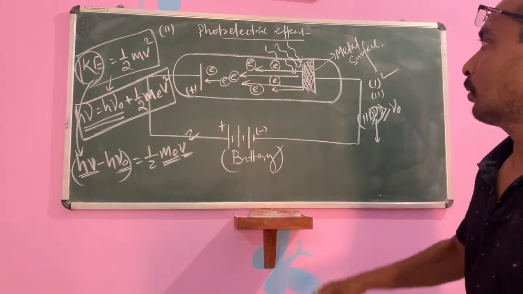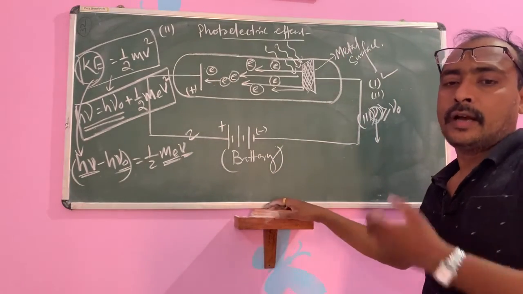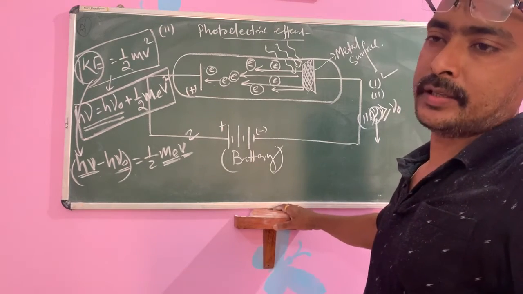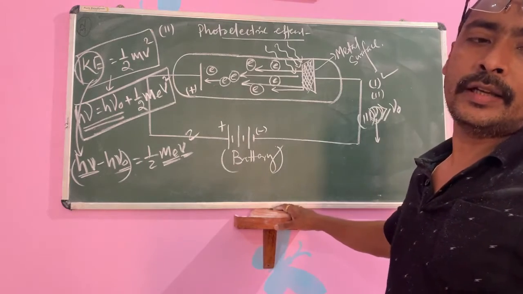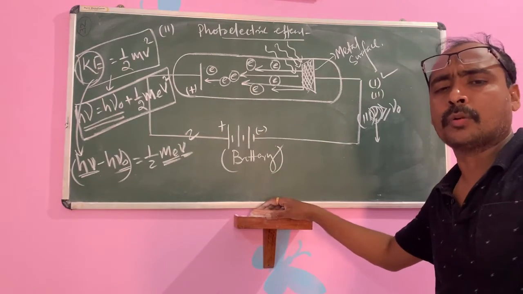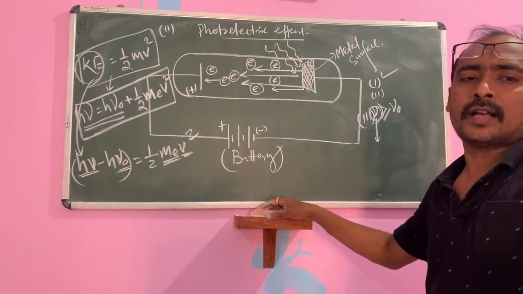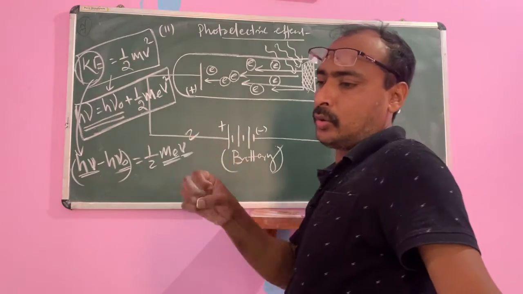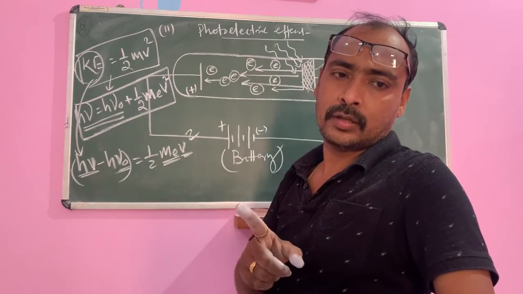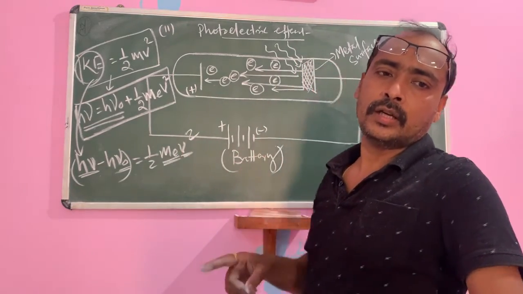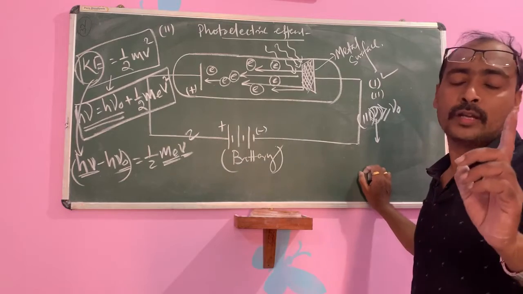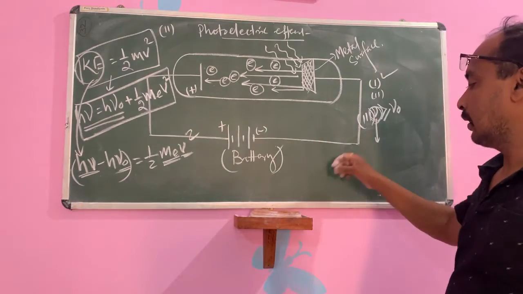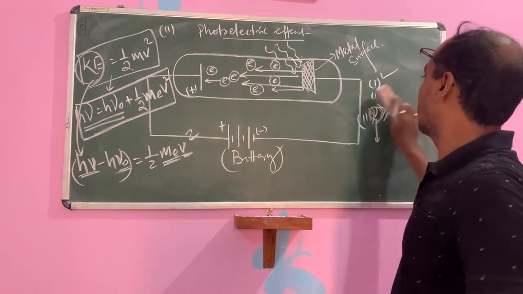So this is about the photoelectric effect. Then after the photoelectric effect comes heat capacity. Children, heat capacity is the amount of heat energy required to raise the temperature of a unit mass of a substance, divided by the temperature difference.